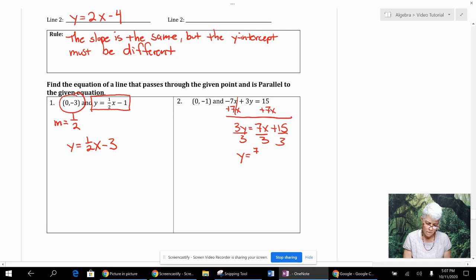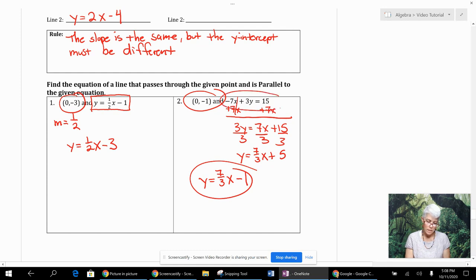So I'm looking for an equation that has a slope of 7 over 3. This is the y-intercept, because if x is 0, y is the y-intercept. So y equals 7/3 x minus 1. So this equation is parallel to this equation or this equation, either way you want to look at it.